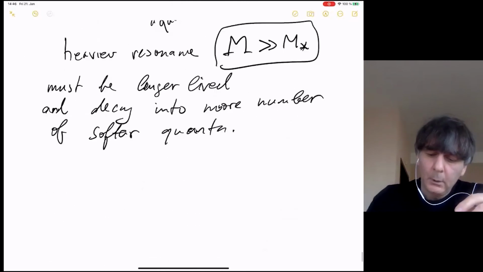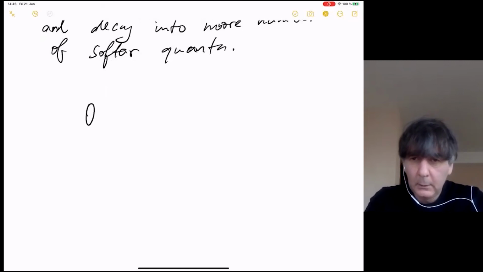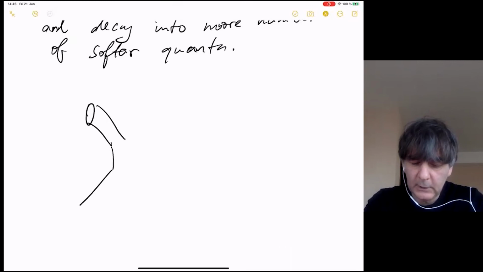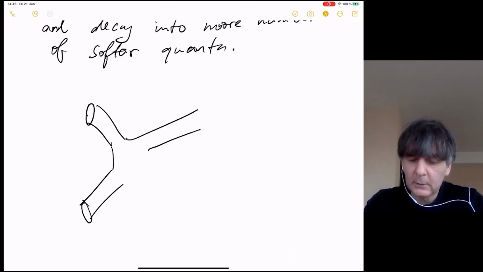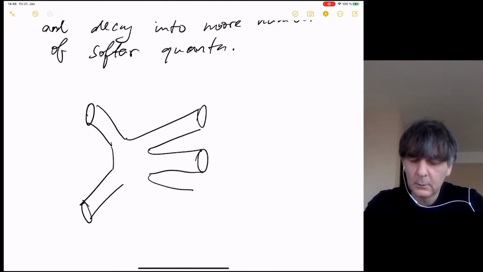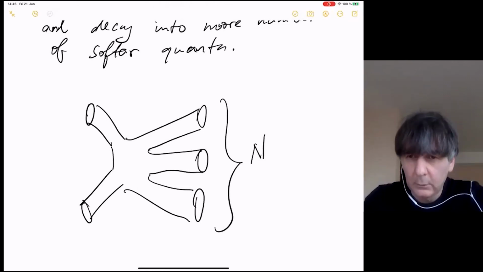In string theory, if I do a collision of two strings, and the center of mass energy is very large, the end result is again a multi-soft graviton state.